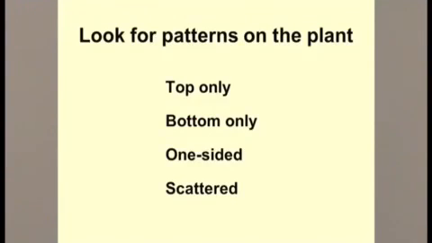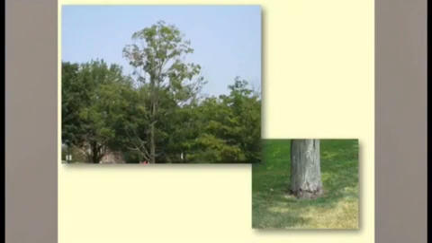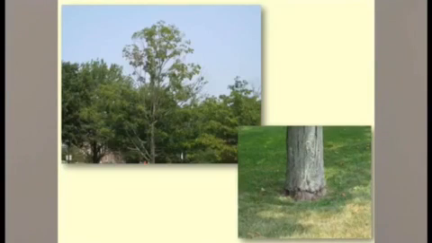Look for the pattern on the plant, whether the symptoms appear on the top or on the bottom, on one side or scattered. In the case of viruses mostly, these patterns of symptoms appear, like yellowing, where the color of the leaf becomes yellow. Now in this slide you can see that the plant looks healthy, but in the stem part, at the bottom, the disease occurred.